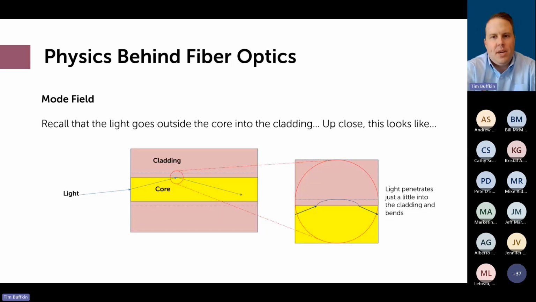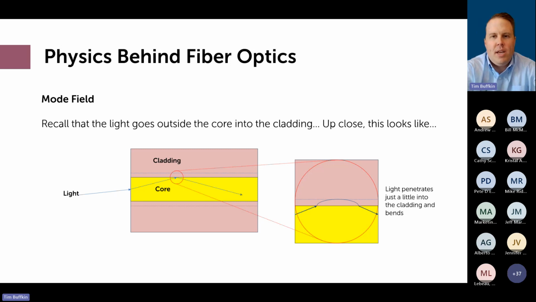Again, to go back and touch on the mode field. Remember, the light is going just outside of the core into the cladding. If you were able to zoom in far enough, you would see what you have on the right here, where the light hits where the core and the cladding meet, bends up into the cladding just a little bit, and then bends right back around and goes back into the core.